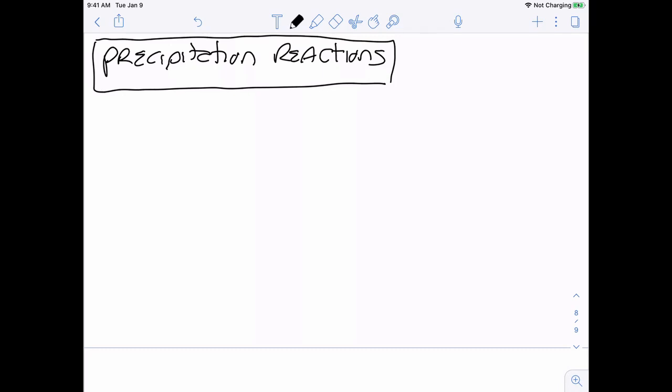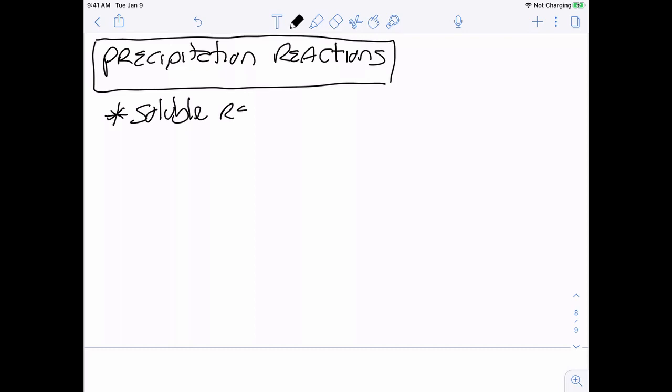The thing that makes a precipitation reaction is one of our products is going to be insoluble. So we're going to have soluble reactants. When we go through our solubility rules, we're going to find that they are going to dissociate in aqueous solution.